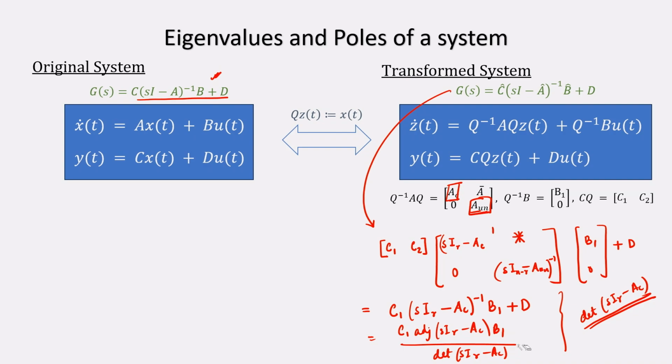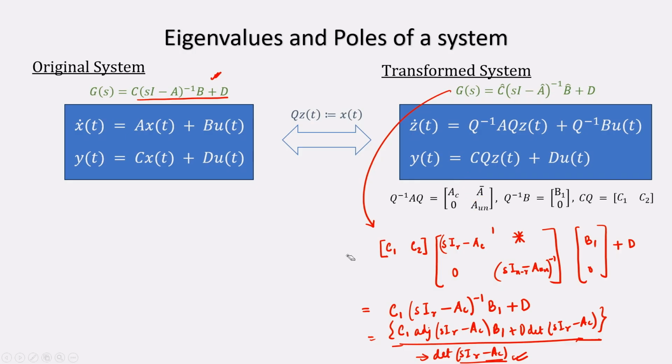Not exactly, because if I complete this expression, it will be D times determinant of (sI_R minus A_C) in the denominator, but the top part here might somehow cancel out some factors from the bottom part. Therefore, not all the eigenvalues of A_C may qualify to be a pole of the system.